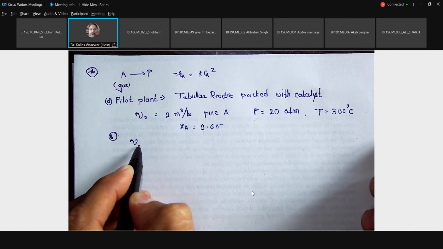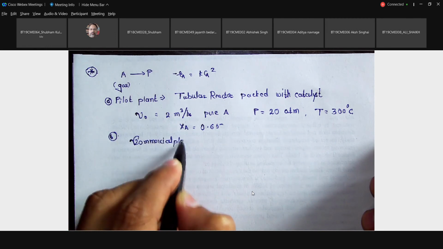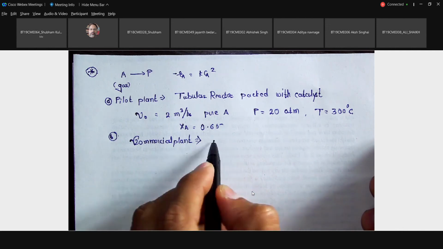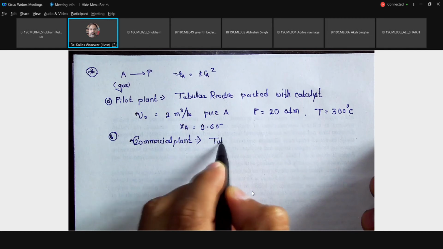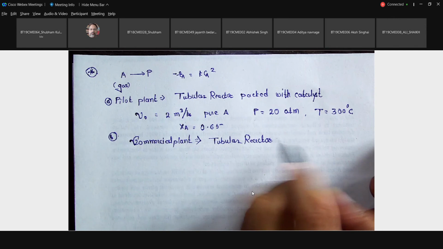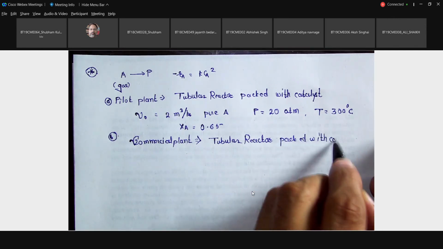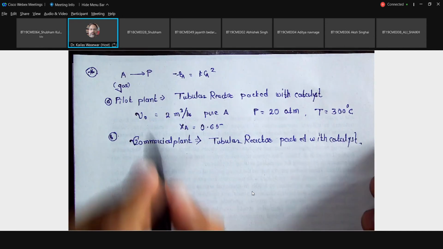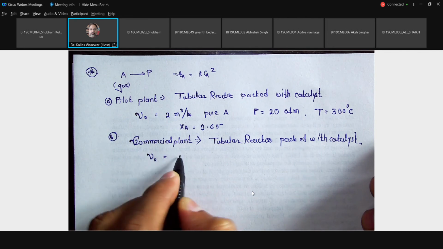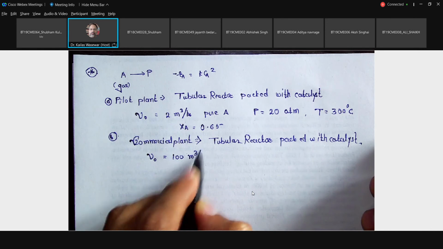So this is the case A, and in case B, it is desired to treat around, this is a commercial plant. Similarly, in the tubular reactor, which is packed with catalyst. So now, when we are going for the commercial one, the flow rate of the gas is around 100 meter cube per hour.